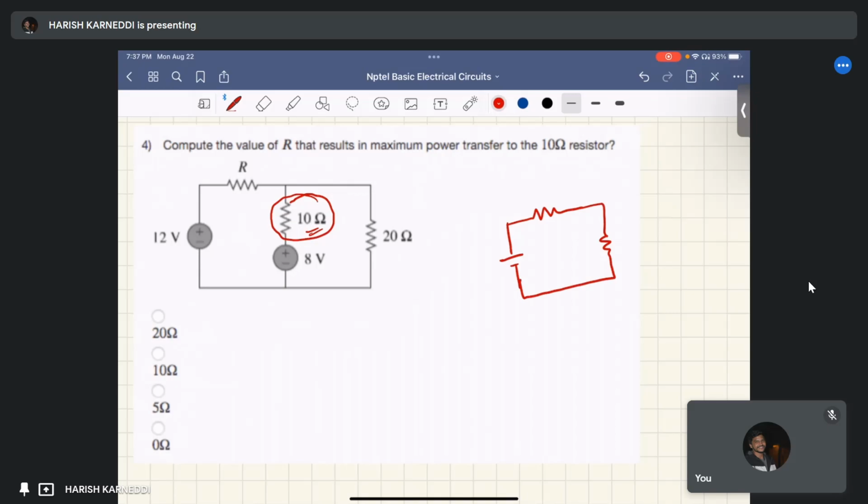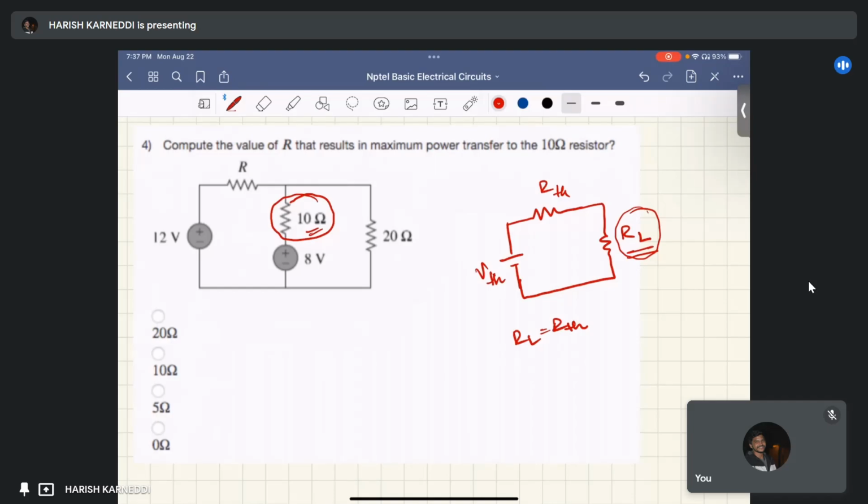Let us suppose this is the load resistance, this is the Thevenin's resistance, and this is the Thevenin's voltage source. The condition to deliver the maximum power to this load resistance is RL equal to RTH, right?